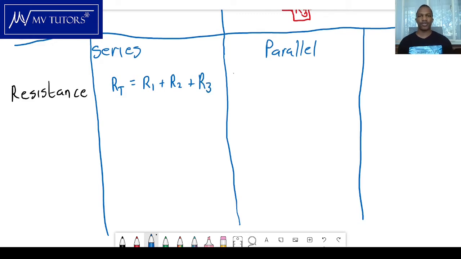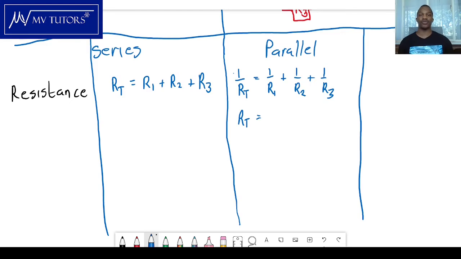But your total resistance in parallel is a bit different. 1 over your total resistance equals 1 over resistance 1 plus 1 over resistance 2 plus 1 over resistance 3. To get your total resistance for parallel resistors, there's a trick.